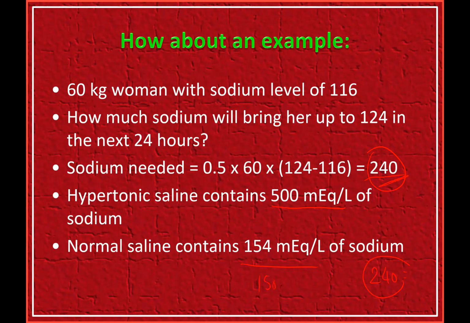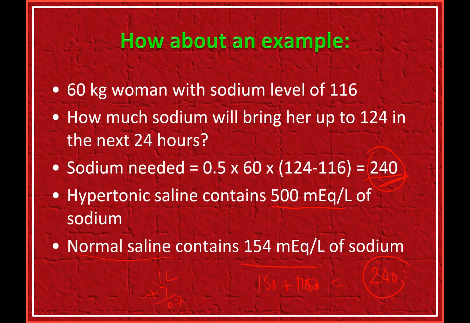So to get 240, 1 liter plus probably another 750 ml. That will become 250. So I require to infuse 1 liter plus another 0.7 liter of normal saline. There are two ways of looking at it.